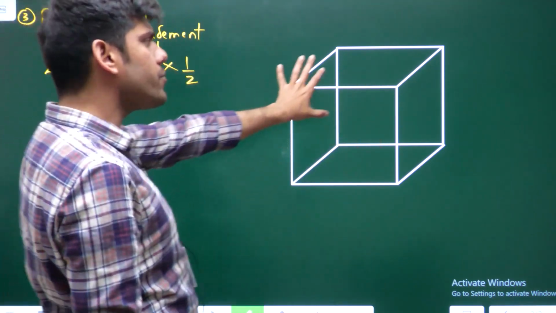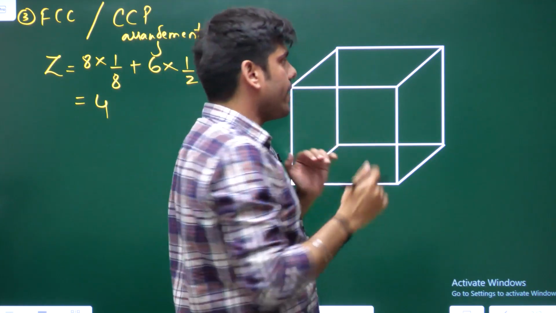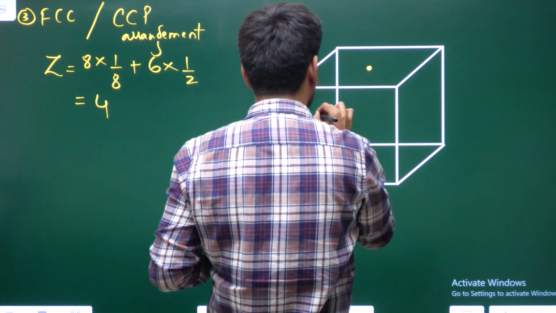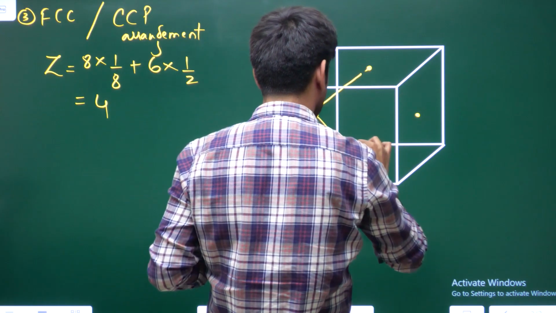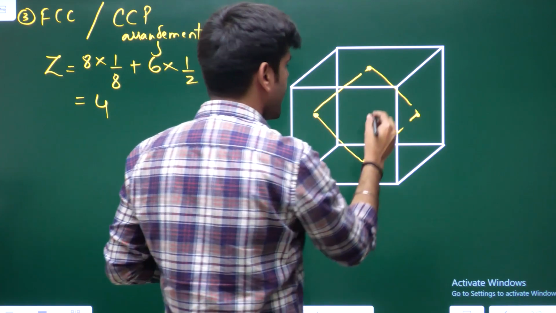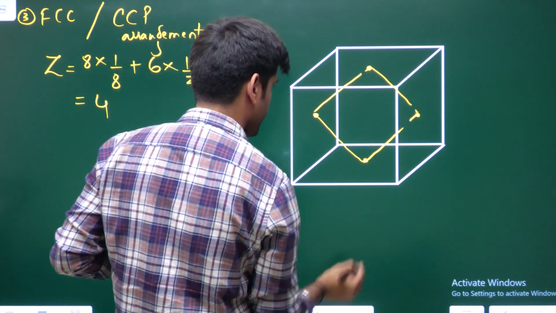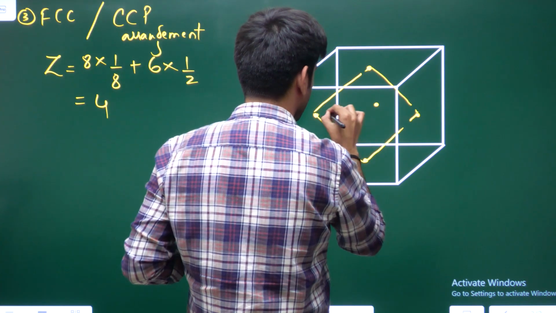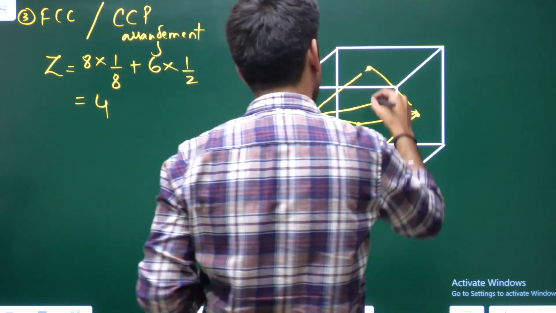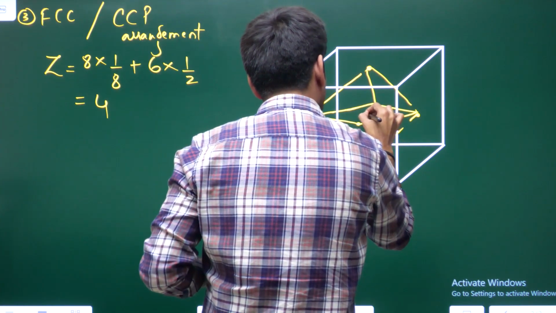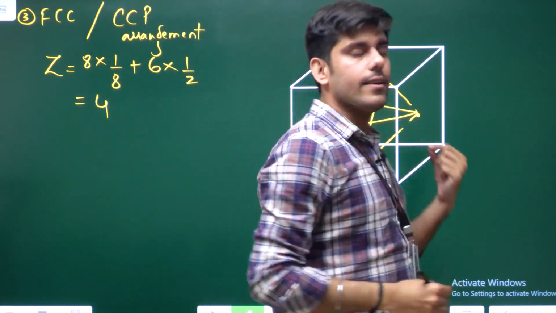So let us see. Suppose this is a cube. If I choose the atoms at the face centers, like the atom here, here, here, and if I join the atoms at the face centers, this is basically my first octahedral void, which is present at the body center.